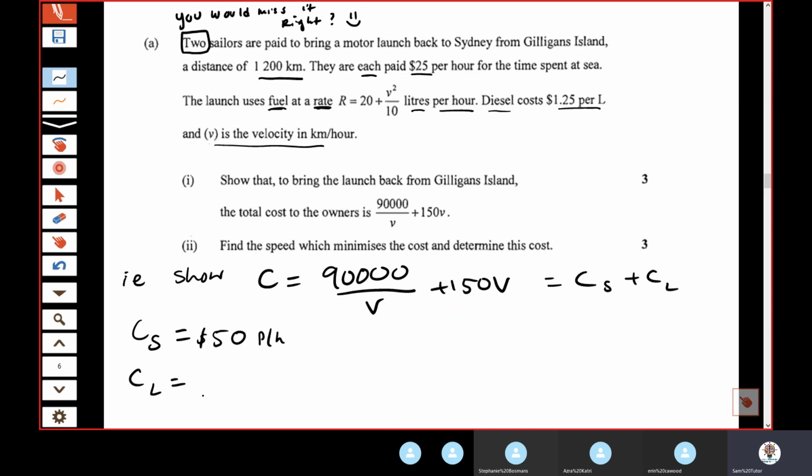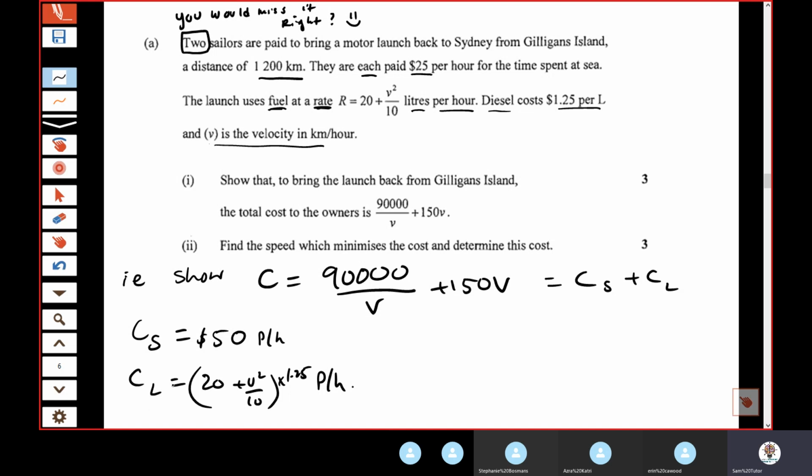So the cost of that per hour is 20 plus v squared on 10 times 1.25. Does that make sense? Reread it again if not.